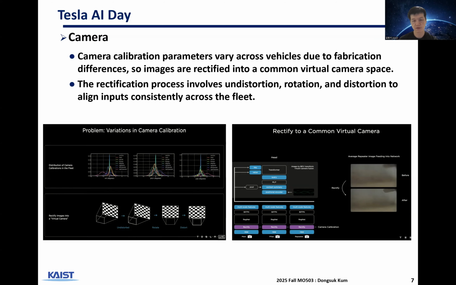So in order to achieve consistent perception and autonomous driving performance, we need to take care of these variations in camera calibration.